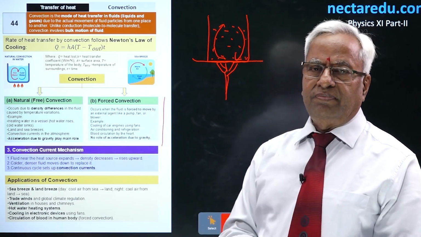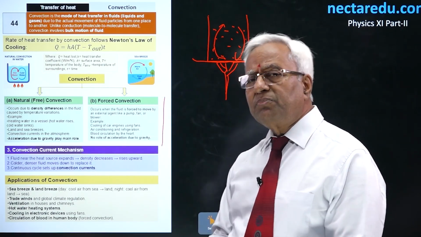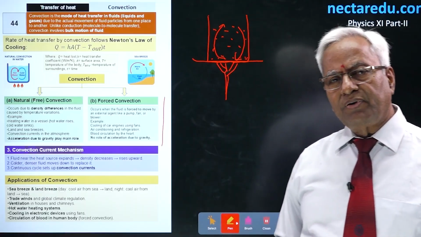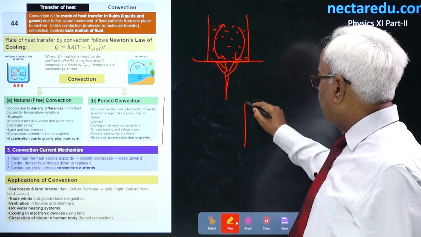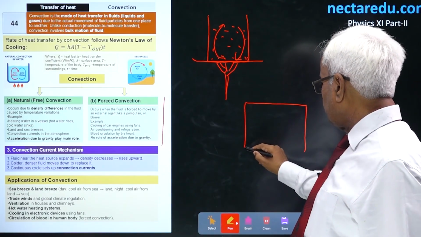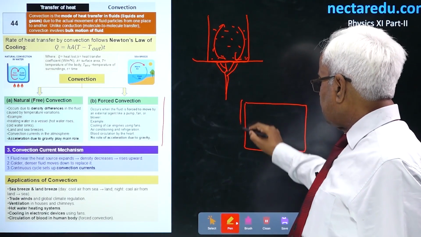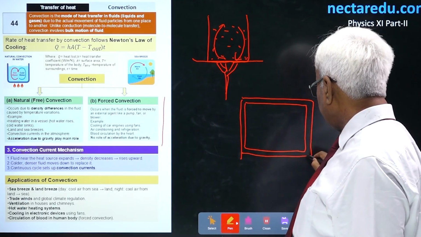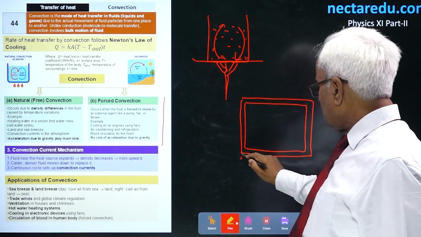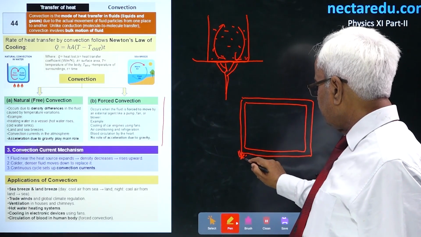Forced convection is something that we have designed from our side. We make some extra effort to maintain forced convection. Suppose we have chosen a rectangular arrangement of glass pipe. You just suppose you are heating here.